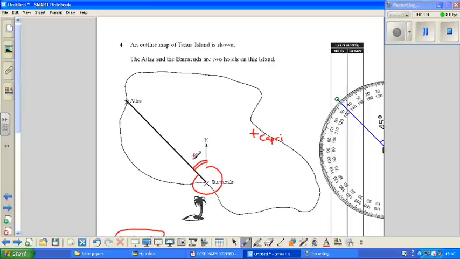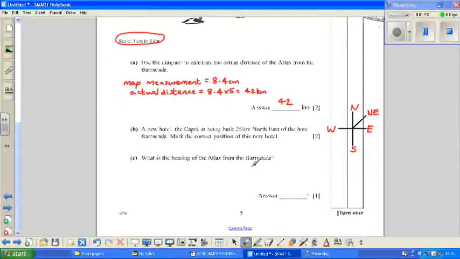But remember, the bearing is always going clockwise in this direction round to here, so the angle we're after then is 360 degrees take away 45, which is 315 degrees. So our answer down below then for the bearing is 315 degrees.